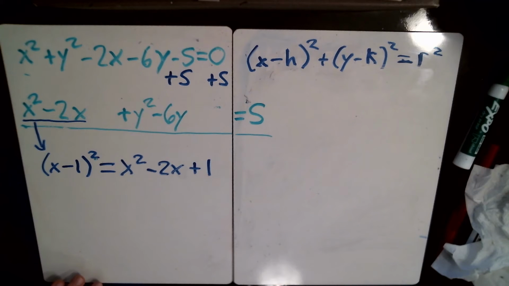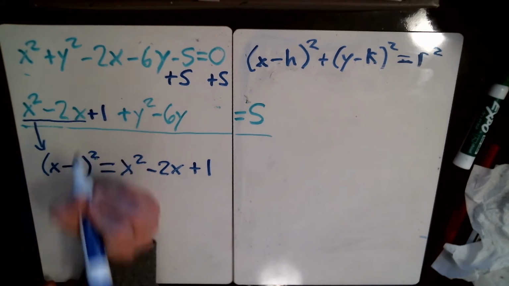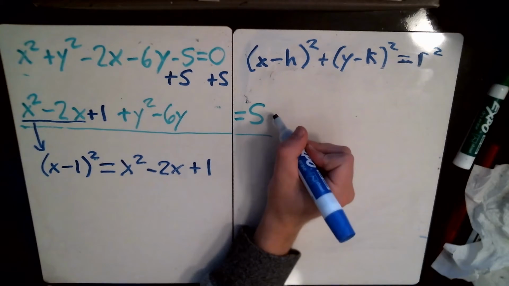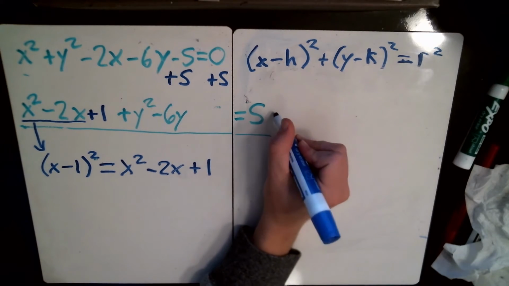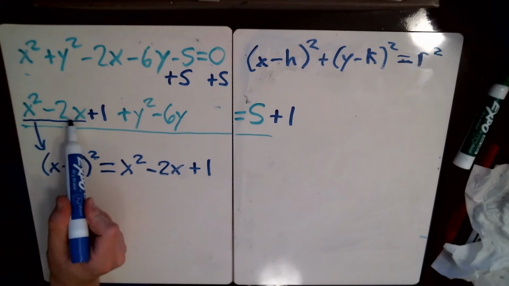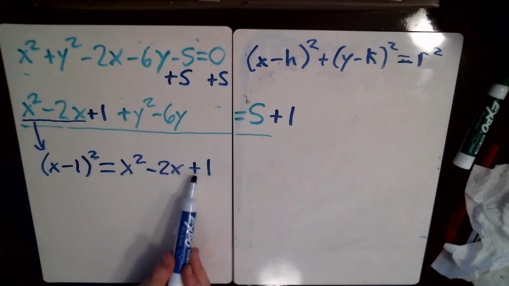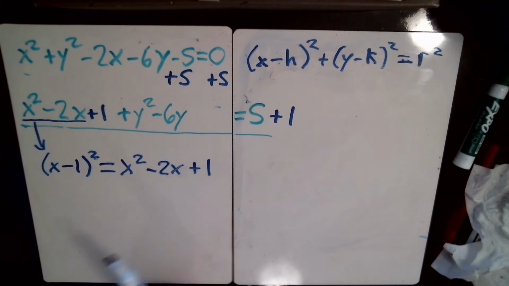So what I'm going to do to this equation is add a 1 right there. But I can't just add a 1 to one side of the equation. I've also got to add it on the other side to make it work. So what did I do? I figured out what square was really close to these two terms, and then added a number in to make it the perfect square.